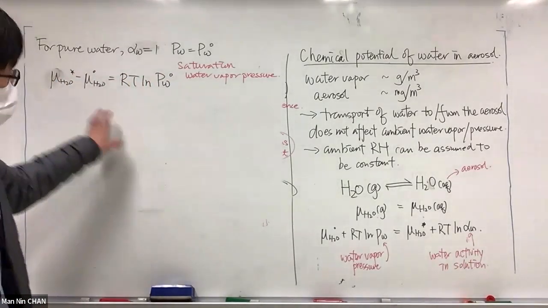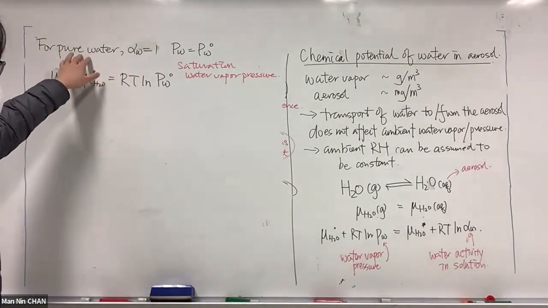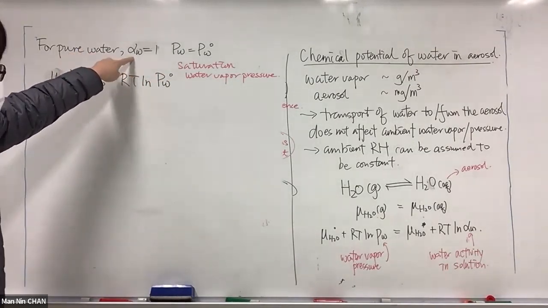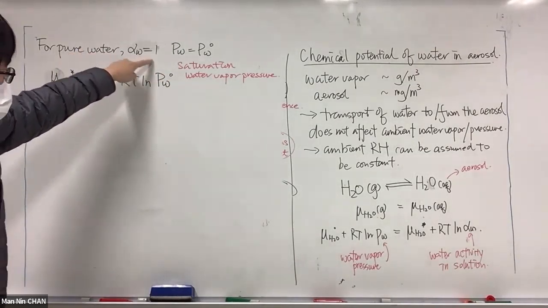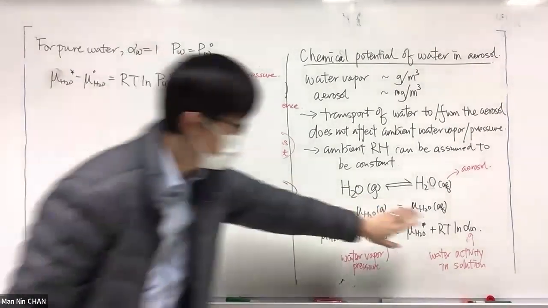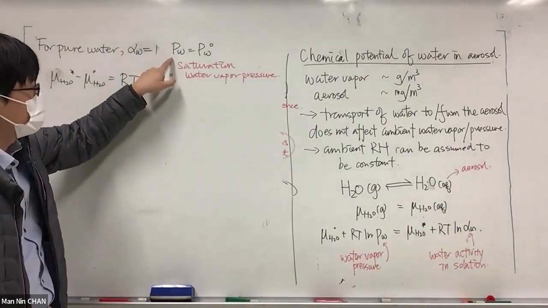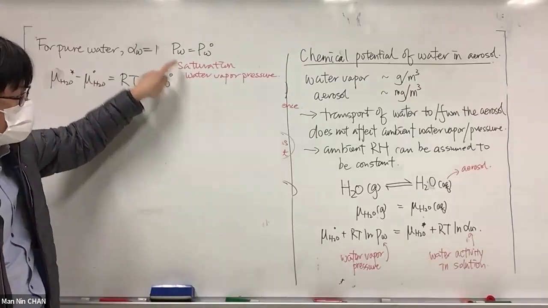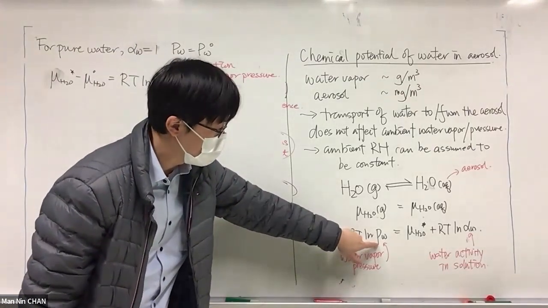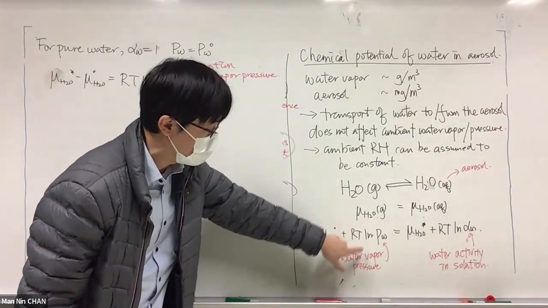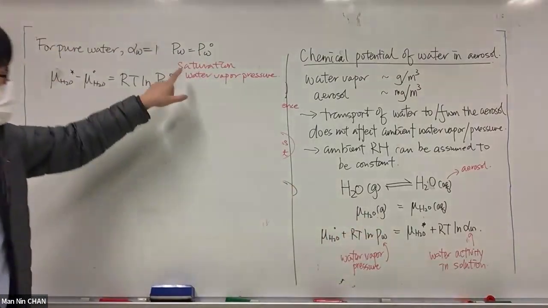if I substitute these for pure water, your water activity will be equal to 1. So this term will become 0. And your partial water vapor pressure in this term will become your P_w naught, the saturation water vapor pressure.